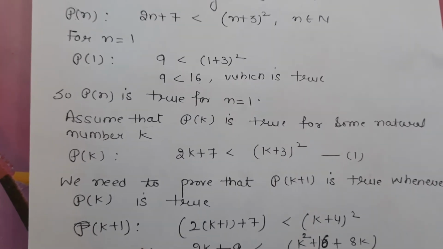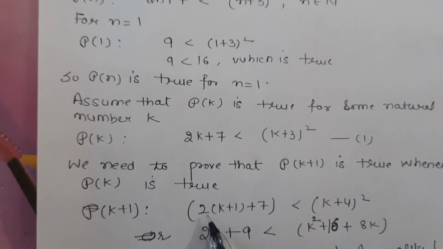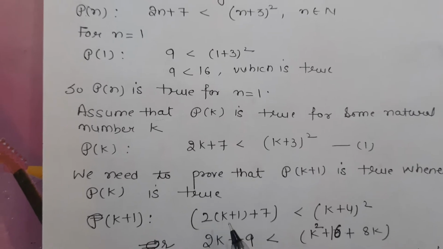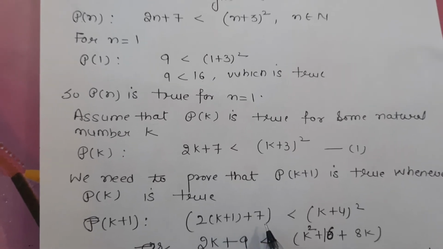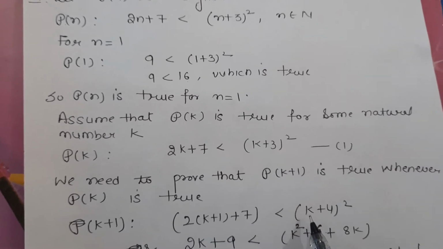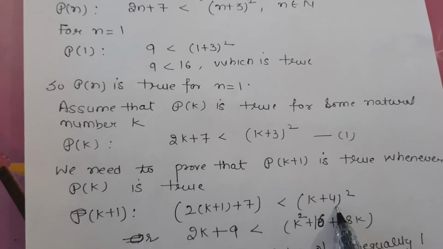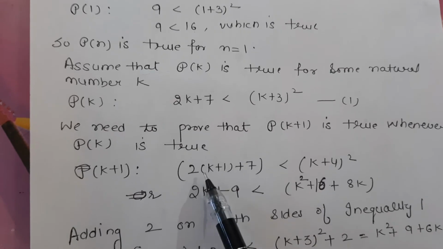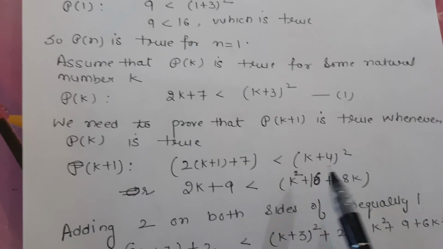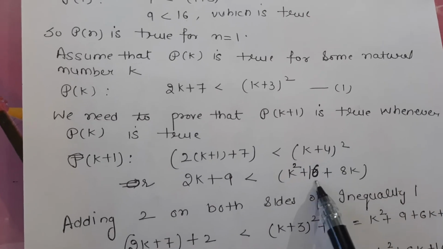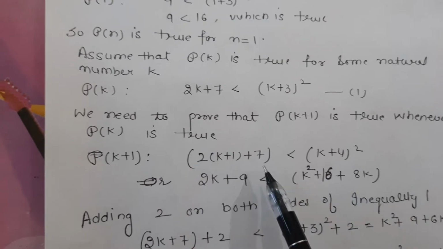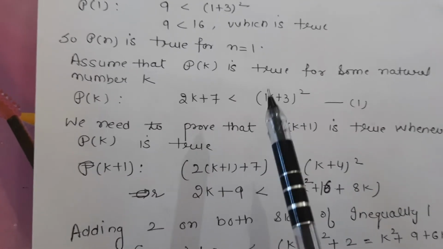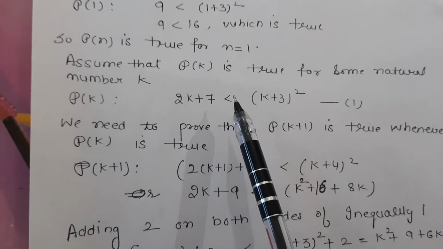So this is 2(k + 1) + 7 < ((k + 1) + 3)², which is (k + 4)². Or if you simplify this, you have to prove 2k + 9 < k² + 16 + 8k. You have to prove this result and you are assuming this is true.